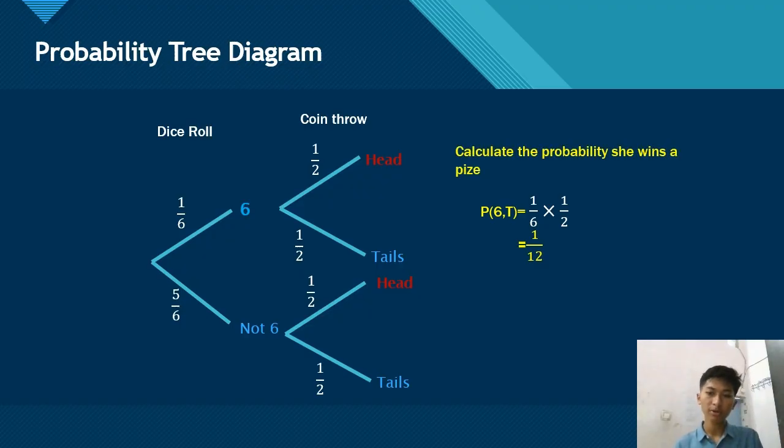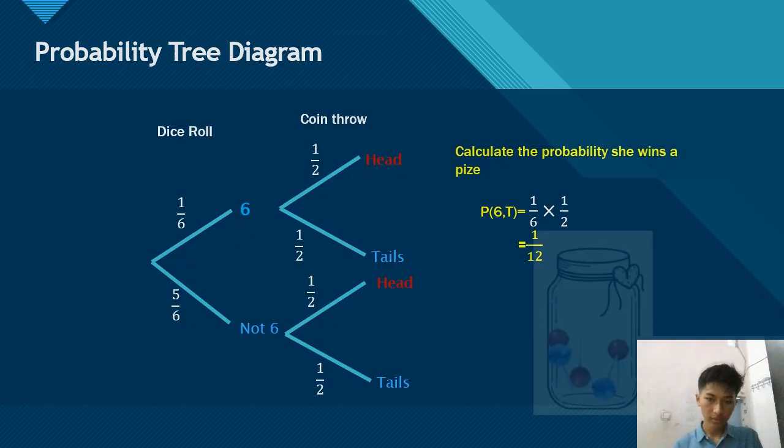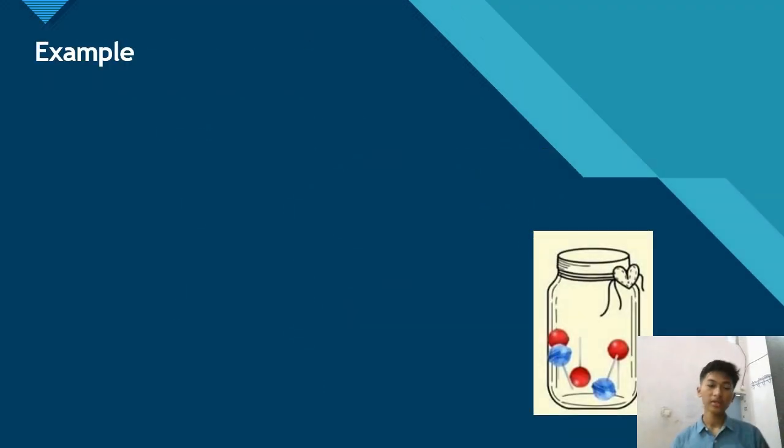Okay, calculate the probability of winning. The probability is 6 and tails, so we multiply the probabilities: 1 over 6 multiplied by a half equals 1 over 12. Okay, next the example.